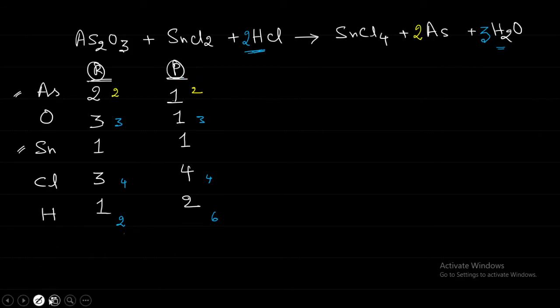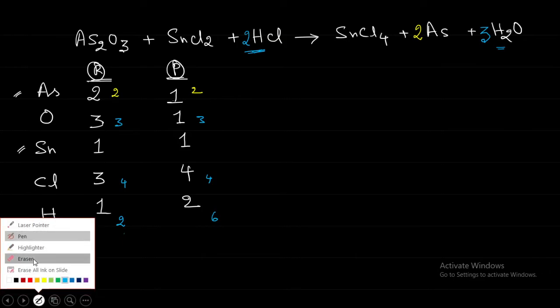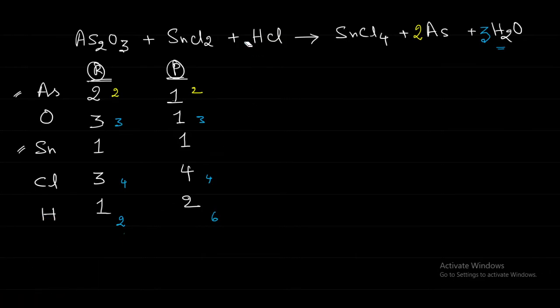What we can do, hydrogens we are keeping in the original form. Oxygens were changed, that also we are removing. So now we are coming back to this state where arsenic is balanced and tin is balanced.